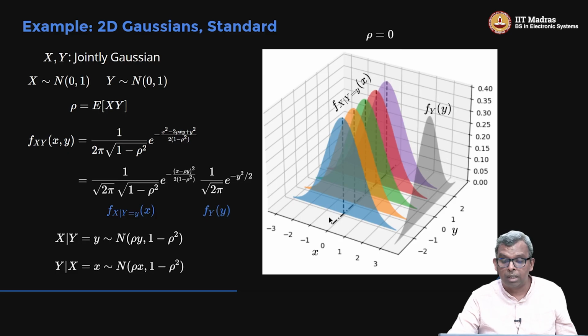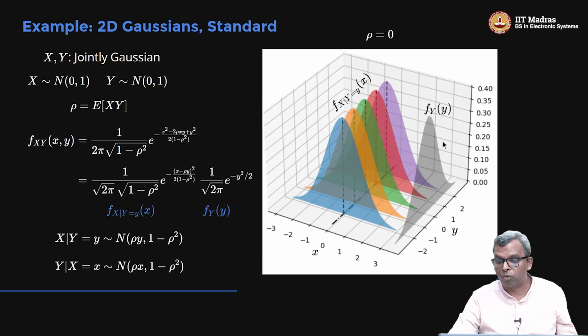When rho is 0, for every value of y, I am going to get the same N(0,1), right? Notice I am getting the same N(0,1), different colors. Y is minus 2, minus 1, 0, 1, 2, whatever value you take here, you are going to get the same N(0,1). Okay. If you multiply these two, you have the Gaussian density. Remember, (X, Y) has the jointly two-dimensional Gaussian density.